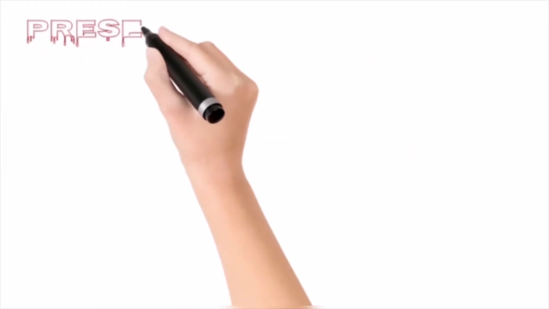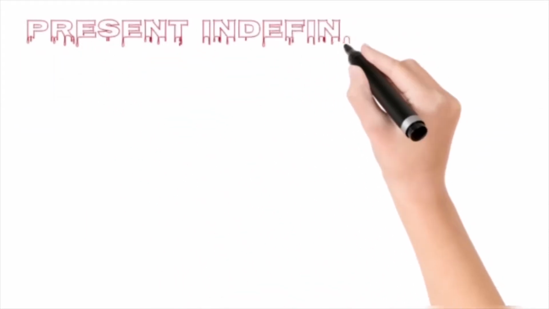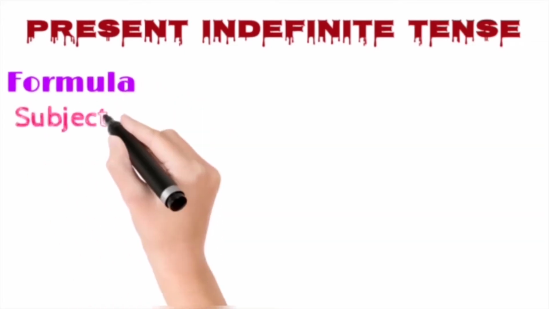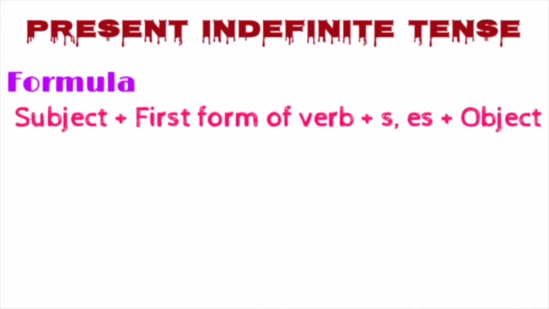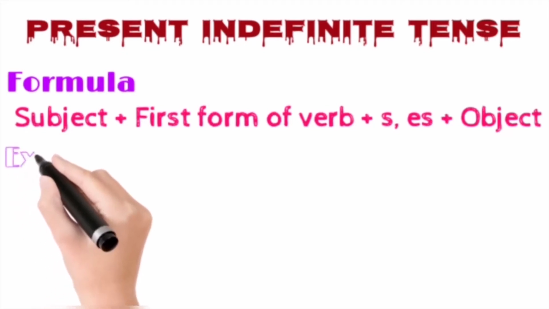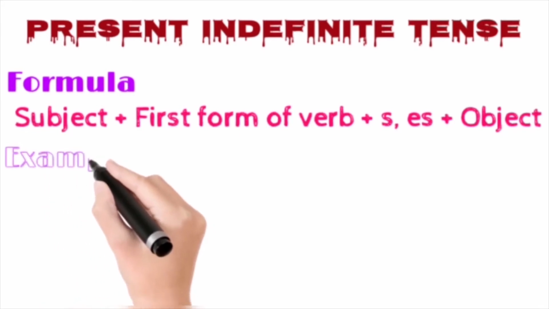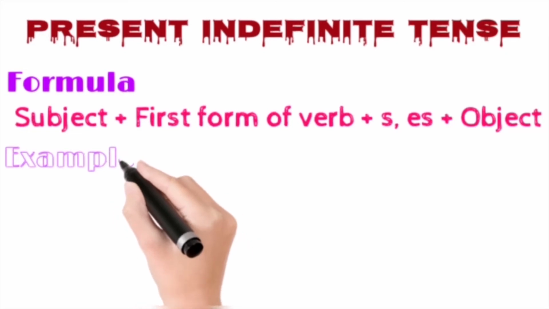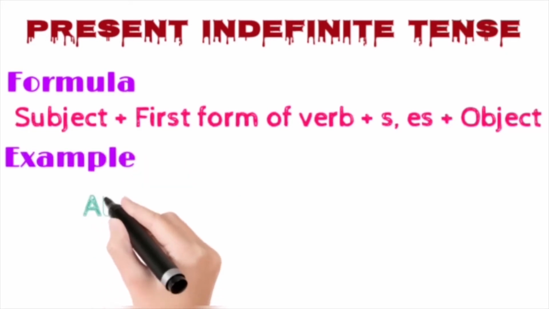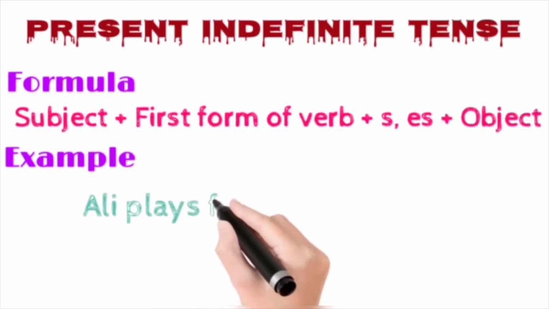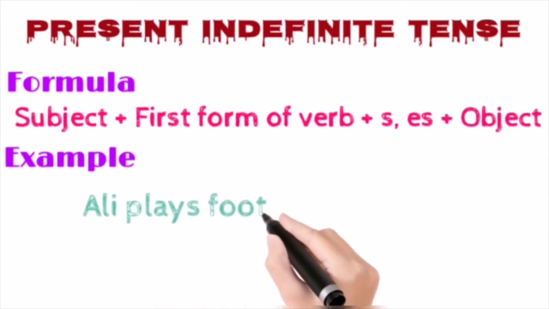Till now we have understood the usages. Now we should understand how to make example sentences. For this we need to see the structure, which is subject plus first form of verb plus helping verbs s or es plus object. Example: Ali plays football.